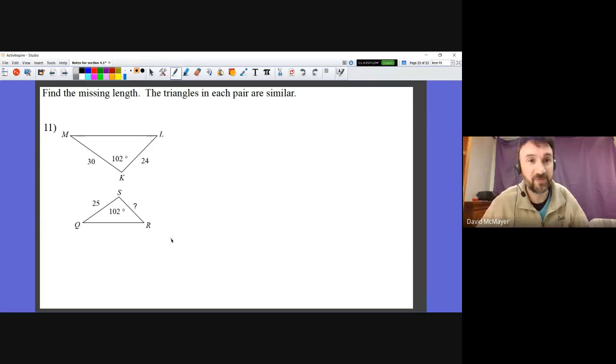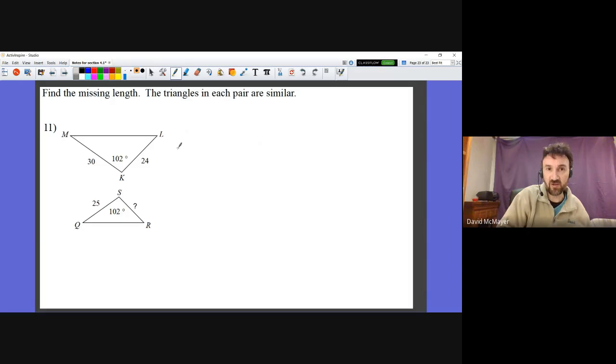One last problem here. We've got two triangles, and they tell us in this problem that these triangles are similar. We're supposed to find some missing side length. And I think in this case, it would be worthwhile to think about taking that triangle and rotating it or flipping it or making it in the same orientation.